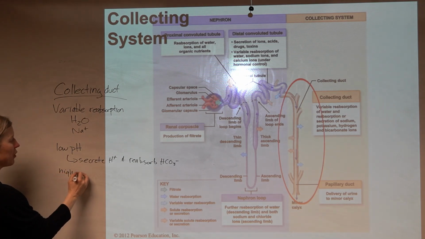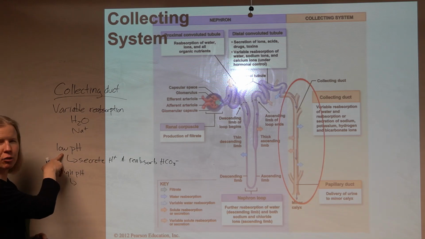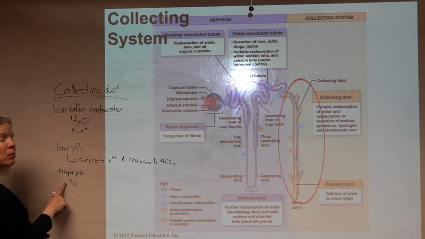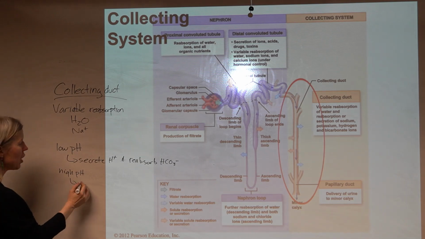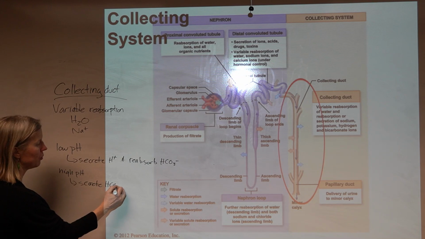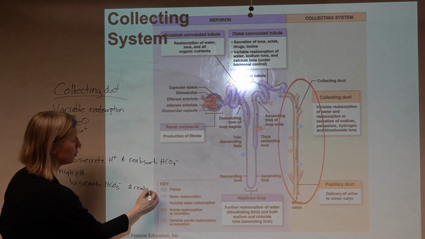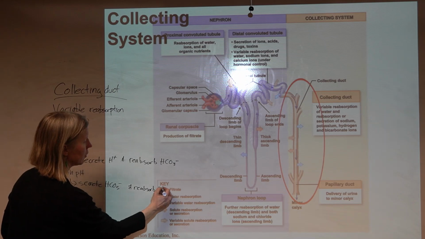Less common, but if you have a high pH, and it's less common because a lot of your metabolic processes are actually producing acids, think like lactic acid. But if you do have a higher pH, we can go ahead and secrete bicarbonate and reabsorb hydrogen.